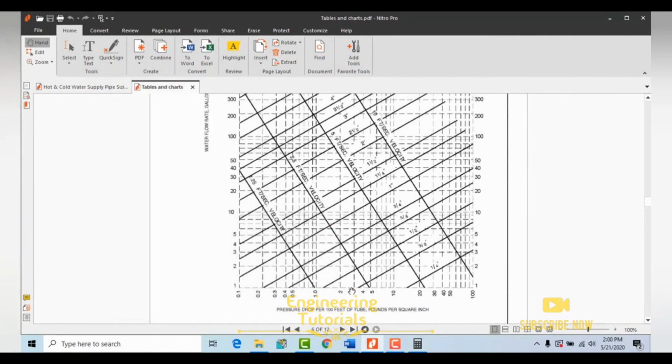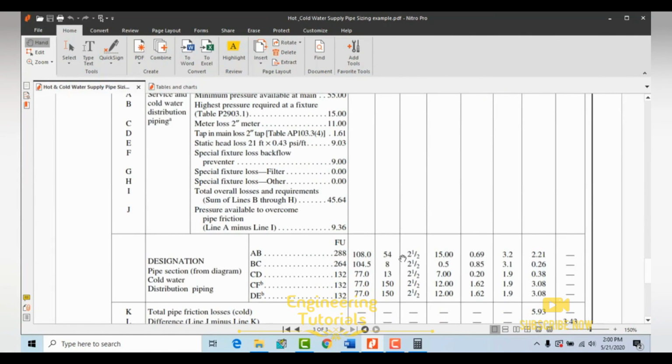So 2.77 psi over here and 108 GPM here. It will be around 2.5 inch pipe size, as you can see, at 108 GPM and 2.77 psi. So that's why we got 2.5 inch pipe size for the A to B section.